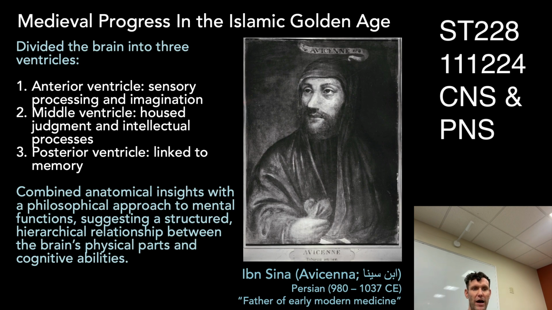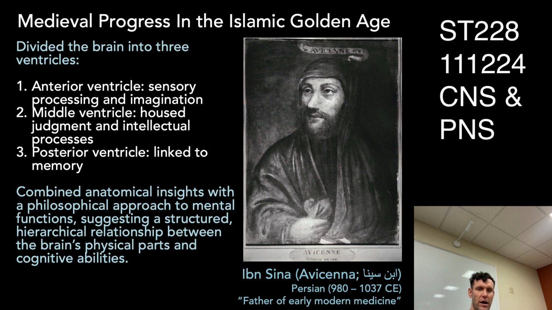All right, let's move on to the Islamic Golden Age and the medieval progress, if you want to call it that. So here's Avicenna. We've talked about this guy before when we were talking about muscles and nerves. He was sort of like the Galen of medicine of the Islamic age. Spent most of his time in hiding from the Twelver Shia controversy that was happening at the time.